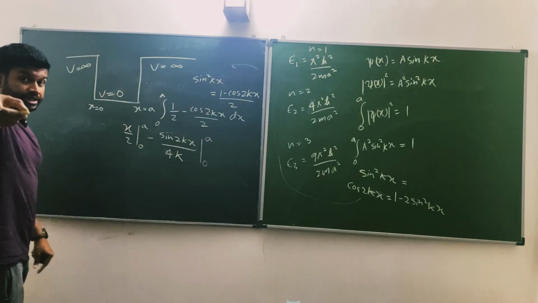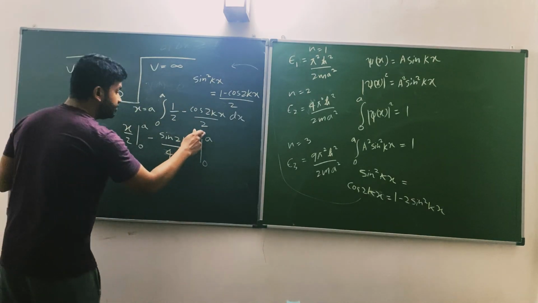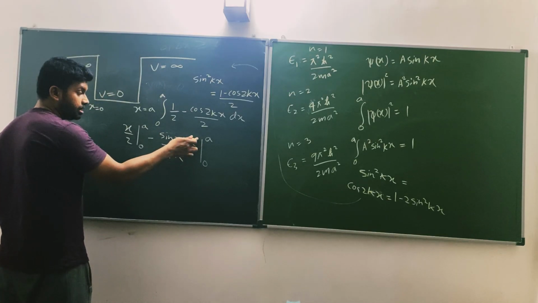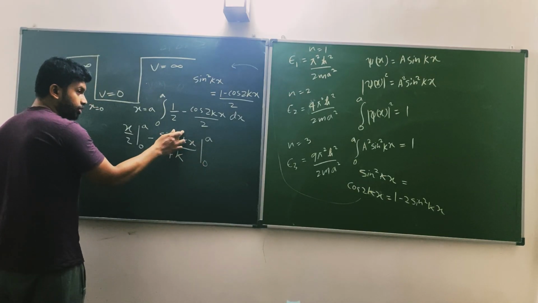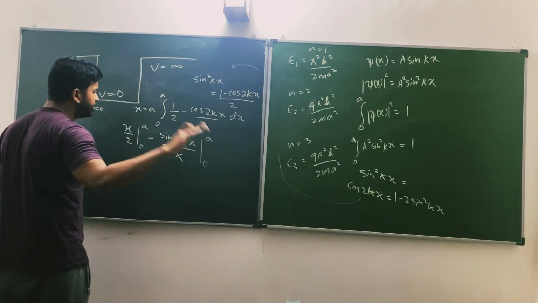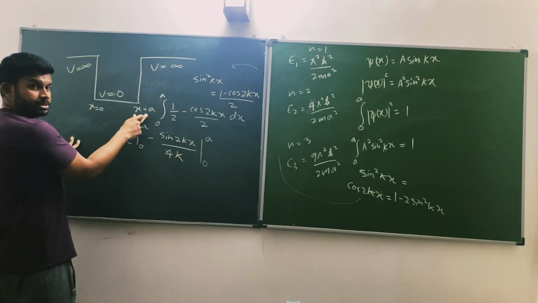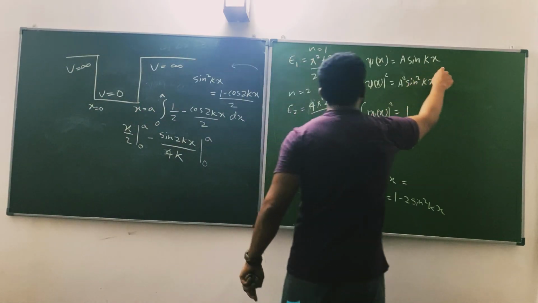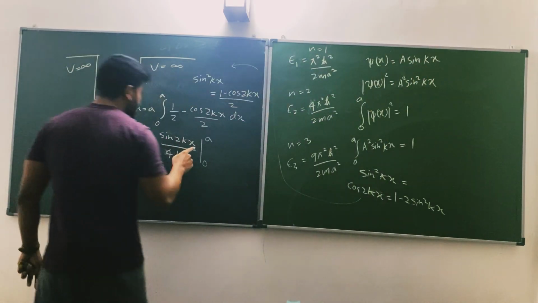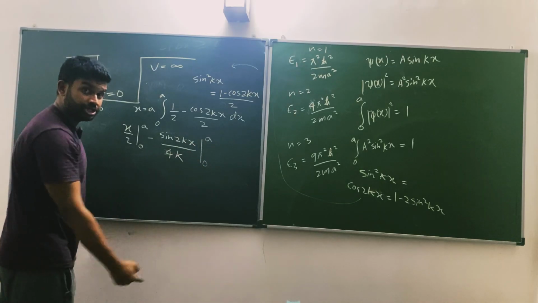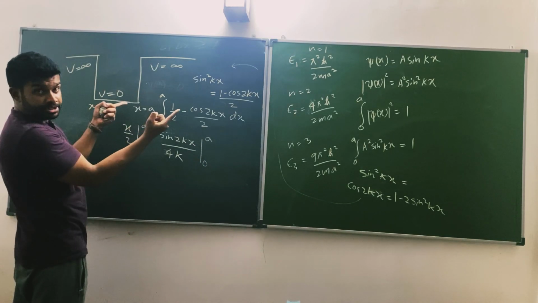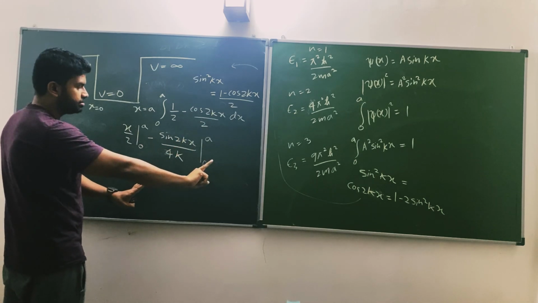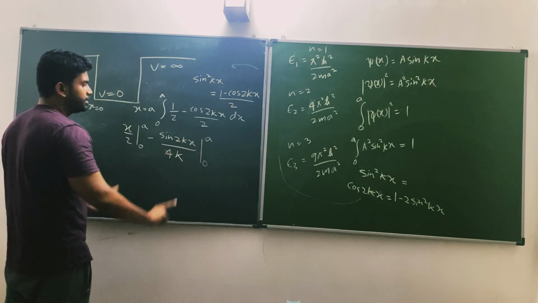And previously we discussed, guys, that if you substitute sine 2ka or sine 0, both of them will be 0. In the previous wave function I told you that sine ka, when you substitute x equal to a or x equal to 0, the boundary conditions, is 0, so this will be eliminated straight away.